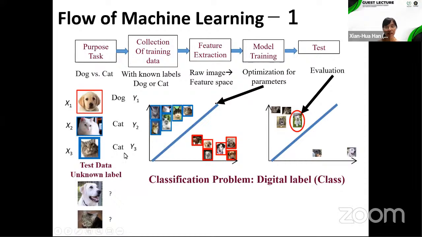Their label is cat. In traditional machine learning methods, because the image has a large number of pixels, if we use all the pixel intensity values of the raw image, there will be high dimensional data.